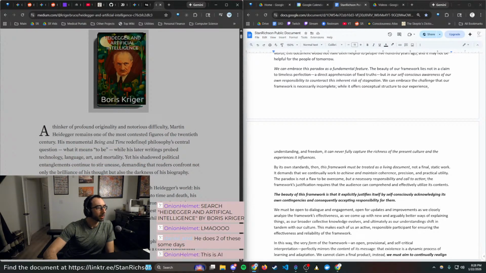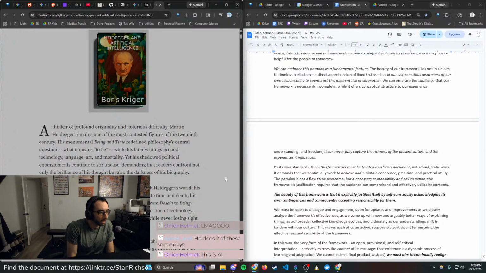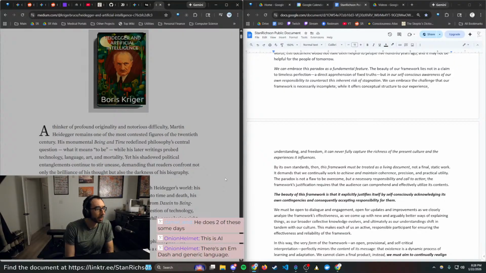His monumental Being and Time redefined philosophy's central question: what does it mean to be? While his later writings probe technology, language, art, and mortality, his shadowed political entanglements continue to stir unease, demanding that readers confront not only the brilliance of his thought, but also the darkness of his biography.